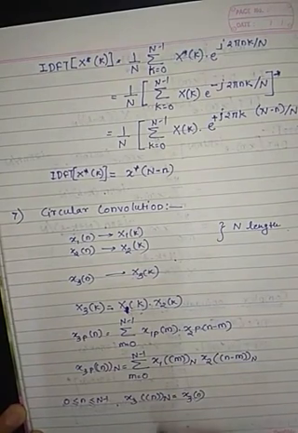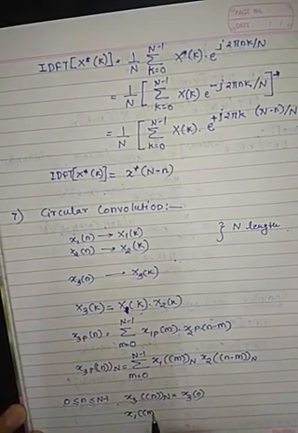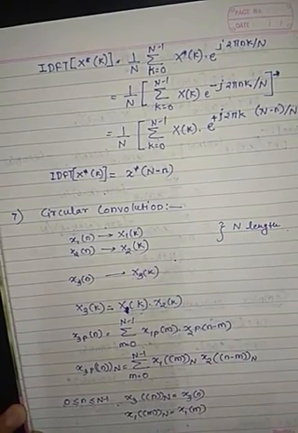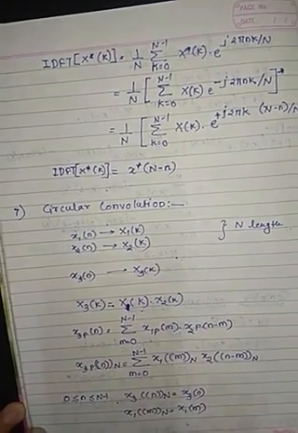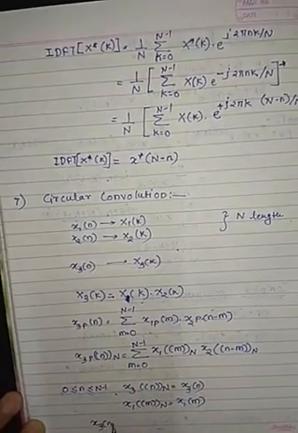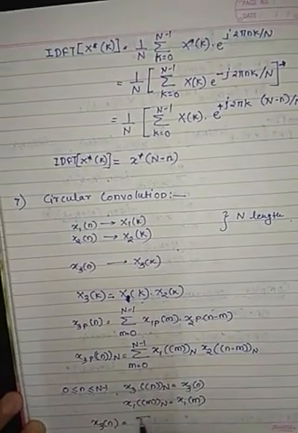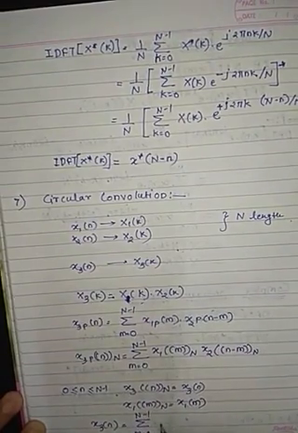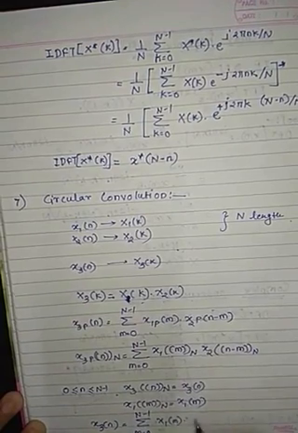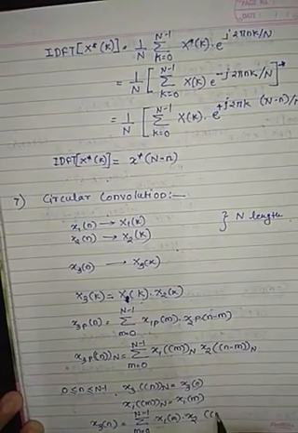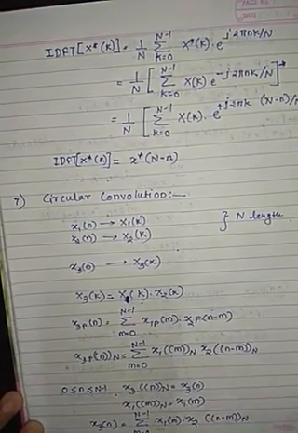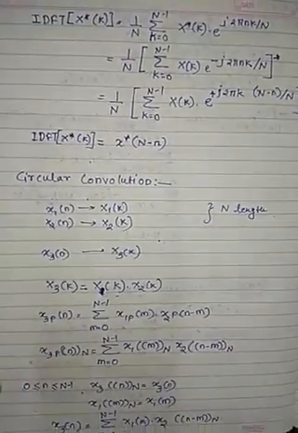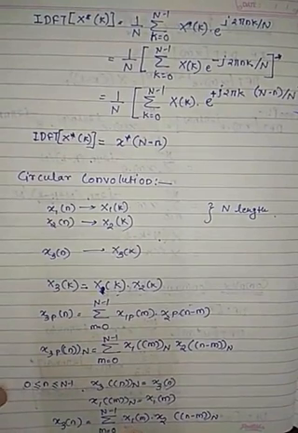Similarly, here x1 of m modulo N is given as x1 of m. So here x3 of n is given as the summation from m equal to 0 to N minus 1 of x1 of m into x2 of n minus m modulo N. Okay, so this represents the circular convolution of x1 and x2.